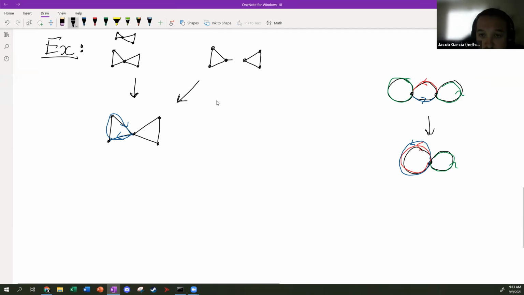Right. So what I could do maybe is something like this, and then here I could do something like this. And then that makes this work as a graph, right? If I'm just looking at this like a graph, where the interior here is empty, then this certainly works.